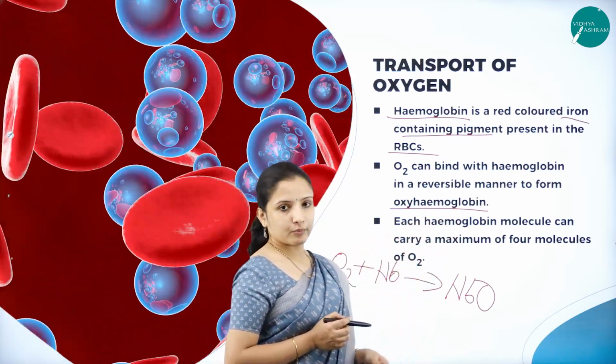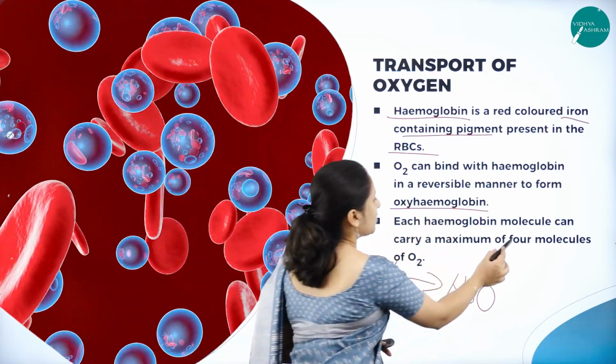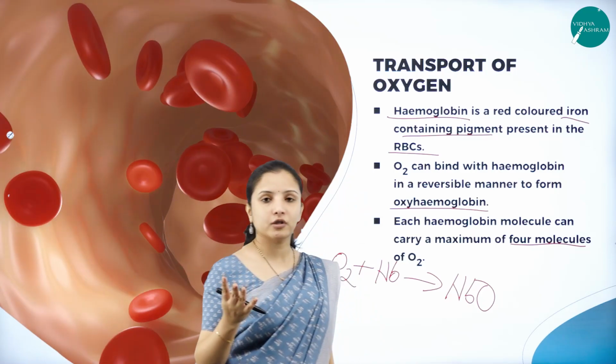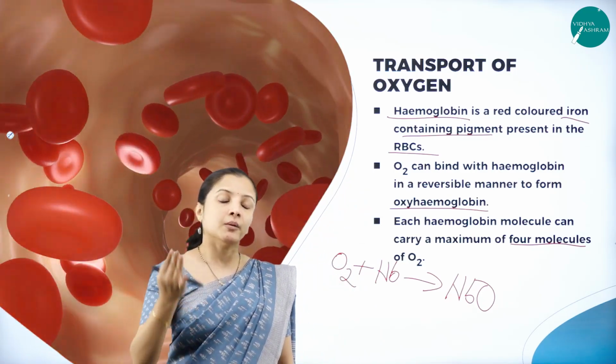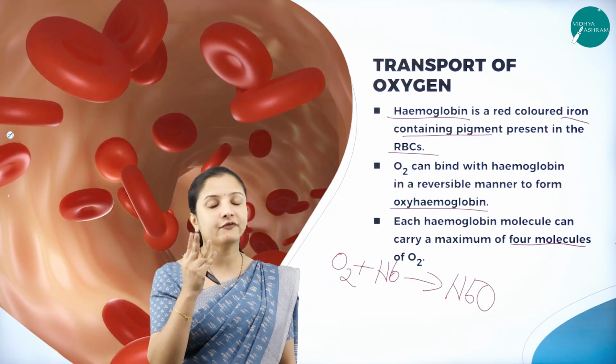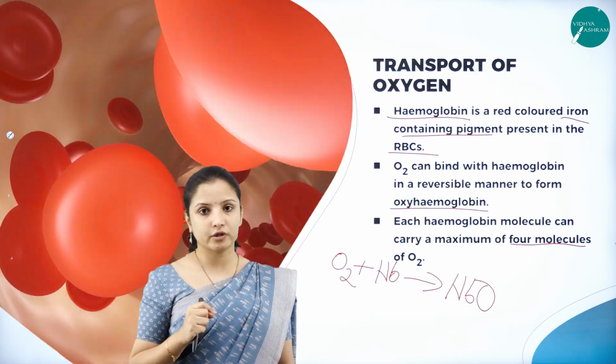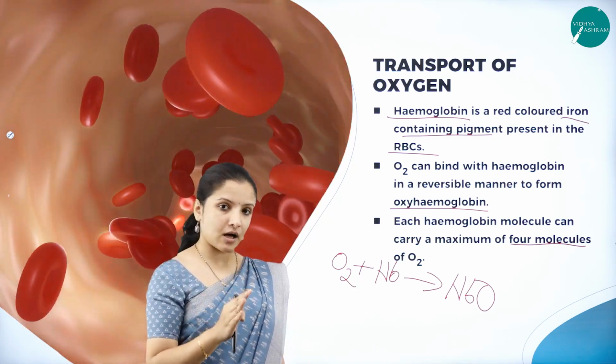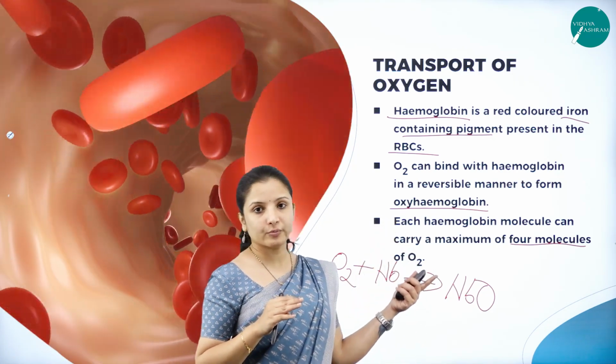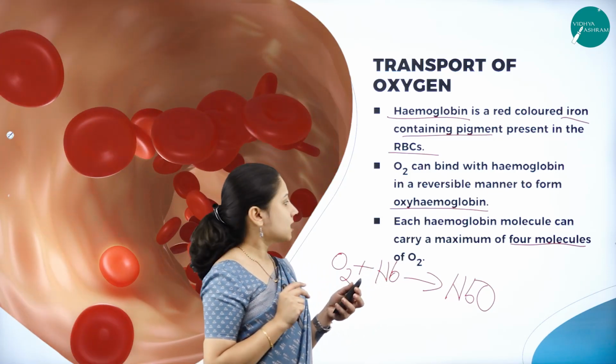Each hemoglobin molecule can carry a maximum of 4 molecules of oxygen. Why 4? Because hemoglobin is made up of 4 iron molecules, and each iron molecule will carry 1 molecule of oxygen. That is why hemoglobin can carry 4 oxygen molecules.